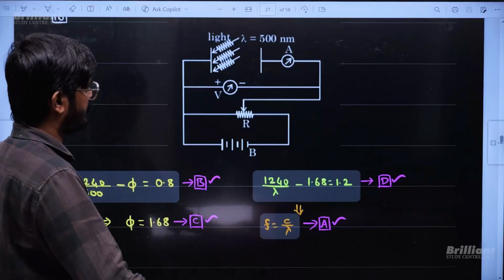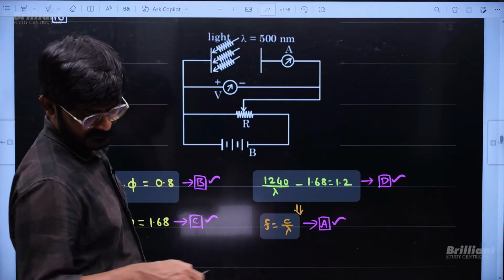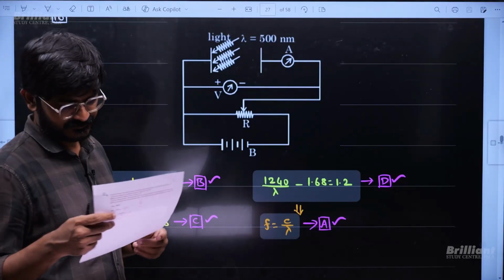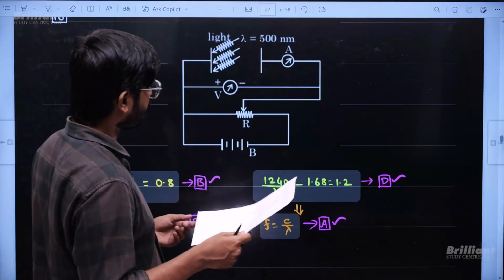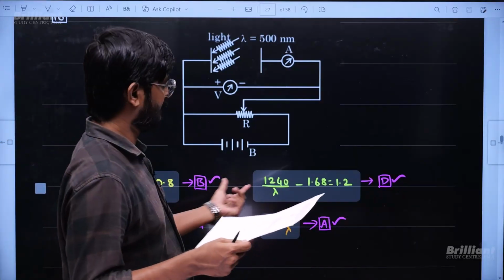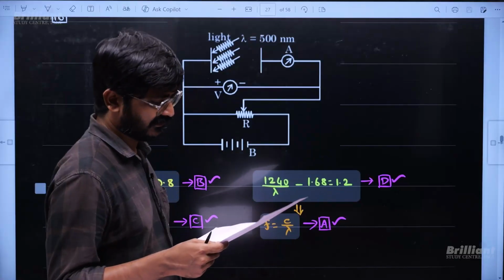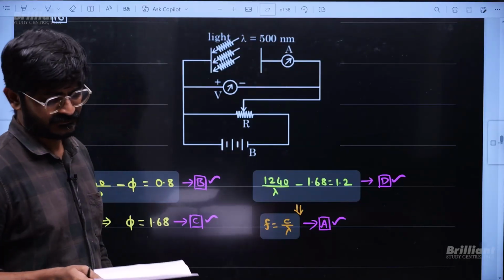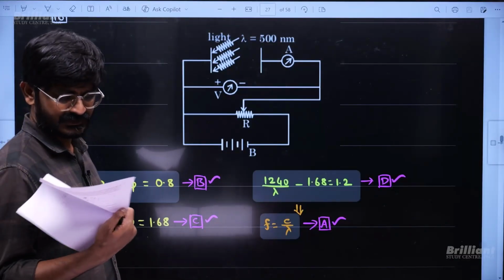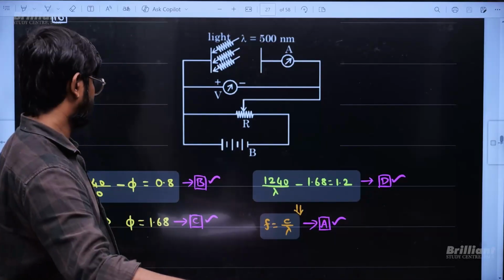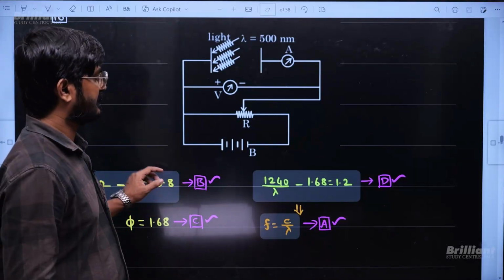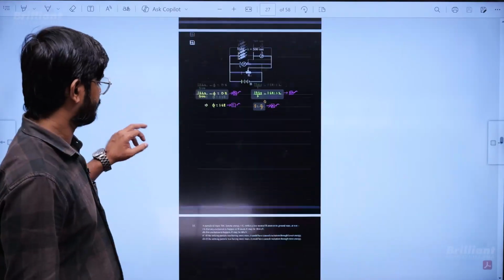Because they said stopping potential is 0.8. So from there you understood maximum kinetic energy is 0.8 electron volt. Similarly, once you know this work function, you will use it in the second case to get the lambda value. Once you get the lambda value, you can get the frequency value. It's only energy conservation, and based on work function and stopping potential, you can get the maximum kinetic energy.